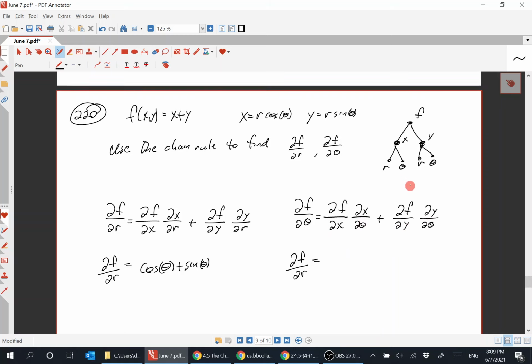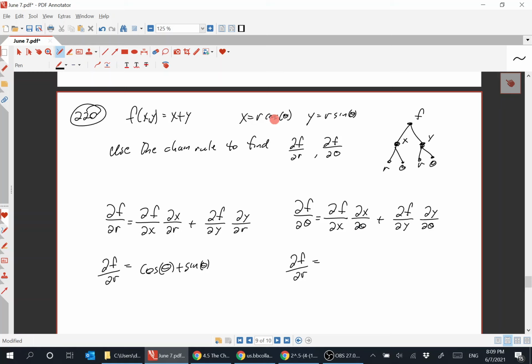Those are both 1, and partial x with respect to theta is minus r. Did I have these backwards? x is r cosine theta, yeah, so minus r sine theta. And partial y with respect to theta is r cosine theta.